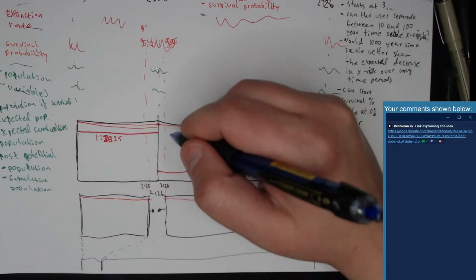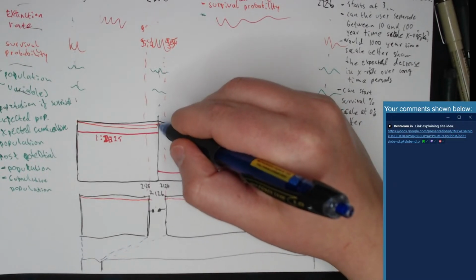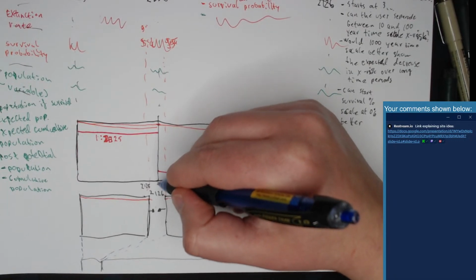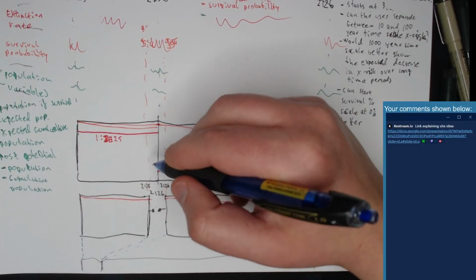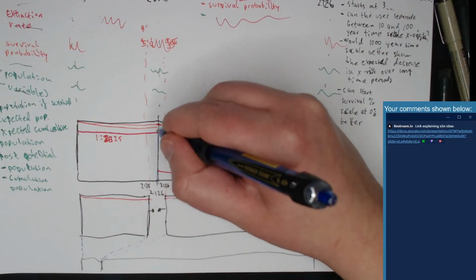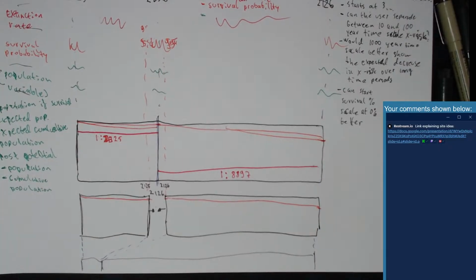I could also just have these colors, if I just have these lines to be somehow stronger or more indicative of what's happening there.